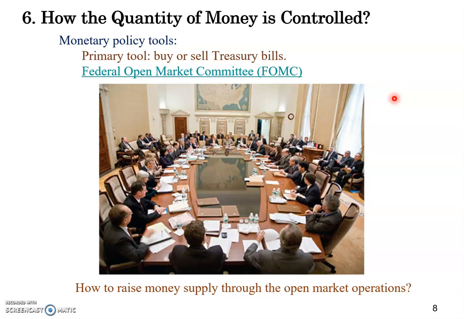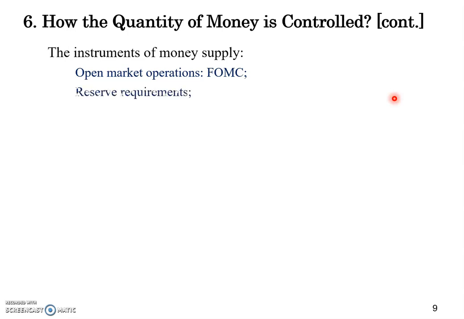And so through that process, the Fed is actually sucking the money out of the economy, all right? So it will reduce the money supply, all right? So this is the primary tool of monetary policy. But of course, the Fed has many other options in its toolkit, okay? So open market operation is the primary one.